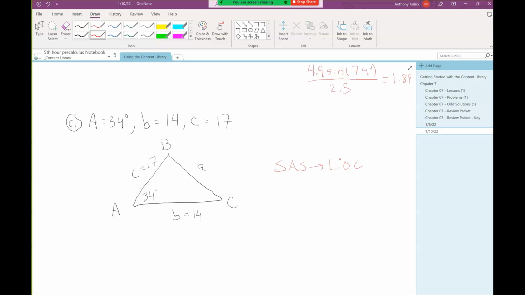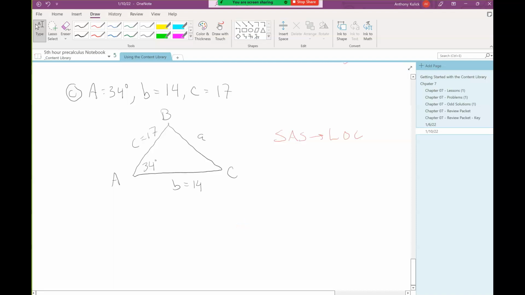So using the law of cosines in the side-angle-side situation, the first thing I'm going to have to solve for is the missing side length.